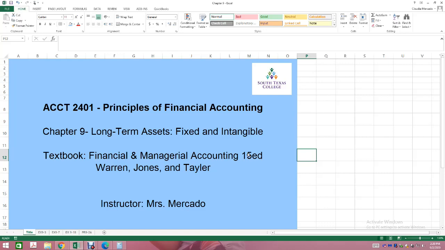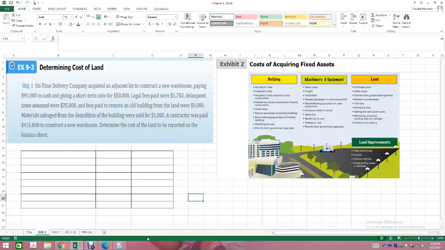Okay. So, the first exercise that I'm going to work on today is exercise 9.3. Okay. And this problem deals with determining the cost of land. So, it tells you, On-Time Delivery Company acquired an adjacent lot to construct a new warehouse, paying $90,000 in cash and giving a short-term note for $50,000.